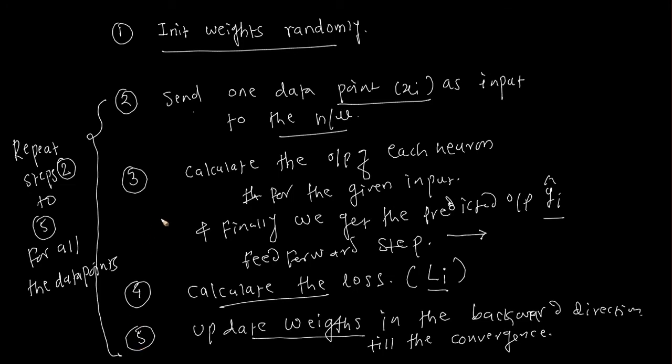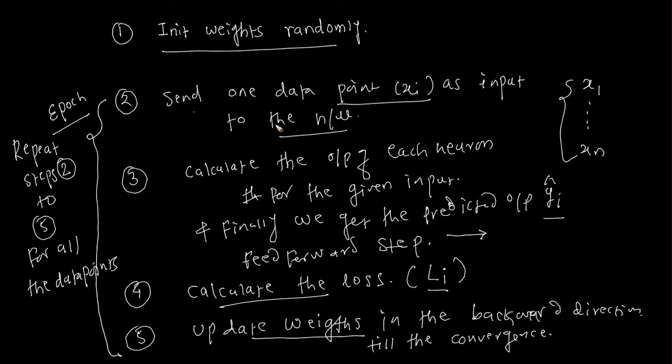That means we'll send all the inputs through the neural network. So when the neural network sees all the inputs from x1 to xn, and when we repeat these steps for all these inputs, this is called an epoch. When the neural network sees all the inputs, this is called one epoch.